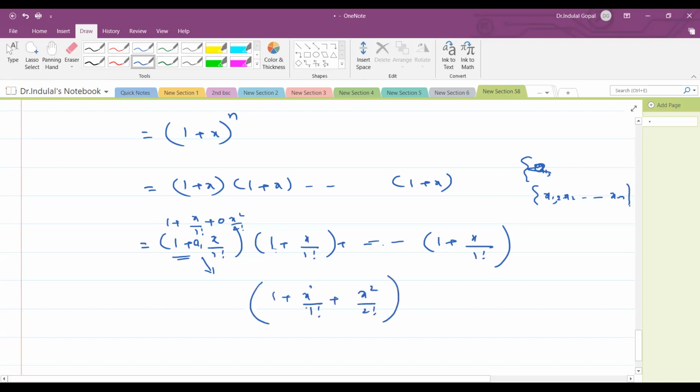ഇതിന്റെ അർത്ഥം x2ന്റെ ഒരു കോപ്പിയും എടുക്കുന്നില്ല, by default setting the number of permutations is 1. x2ന്റെ ഒരു കോപ്പി എടുത്ത് പെർമ്യൂട്ട് ചെയ്യുക ഒറ്റ വേസിലേ ഉള്ളൂ. That is coefficient of x by 1 factorial. 2 കോപ്പി എടുത്തു, ഐഡന്റിക്കൽ കോപ്പീസ് ആയതുകൊണ്ട് അപ്പോഴും അത് ഒറ്റ വേസിലേ പെർമ്യൂട്ട് ചെയ്യാൻ പറ്റൂ. So that is a coefficient of x square by 2 factorial and so on.